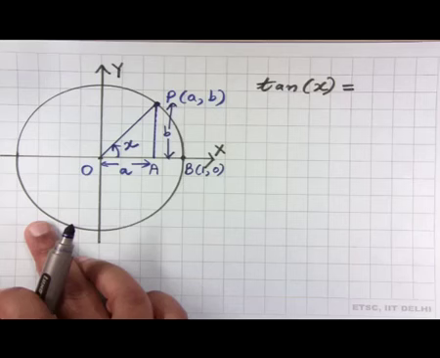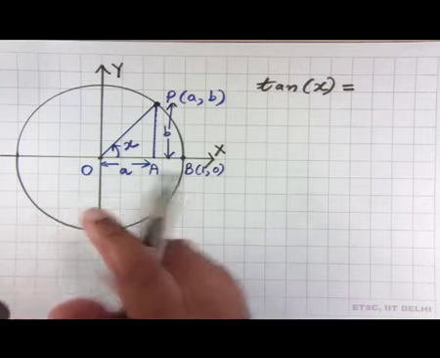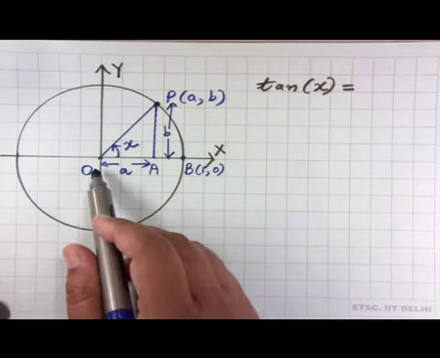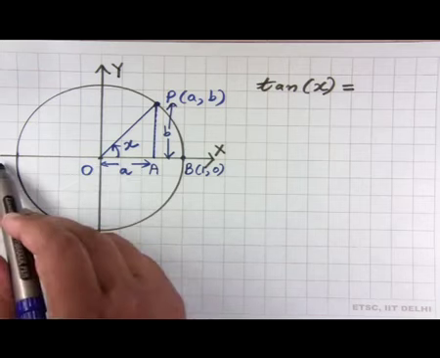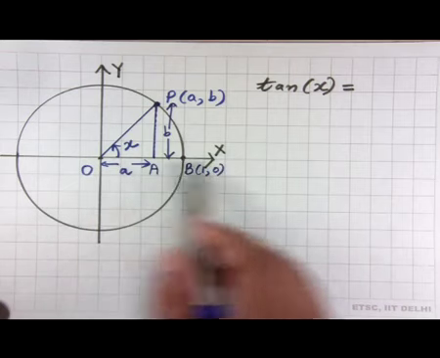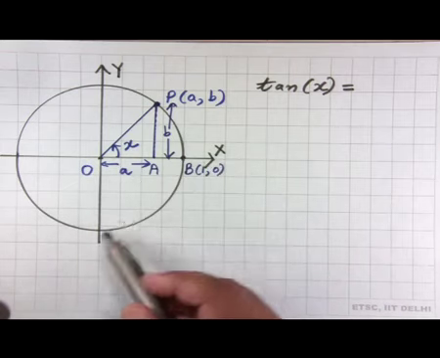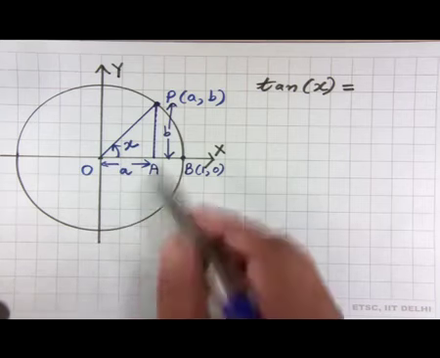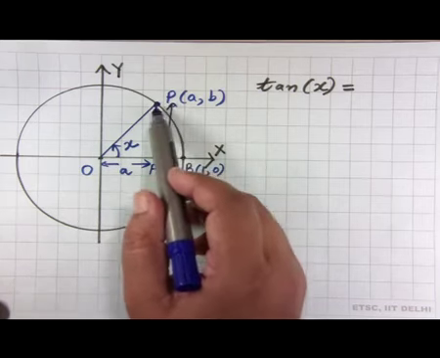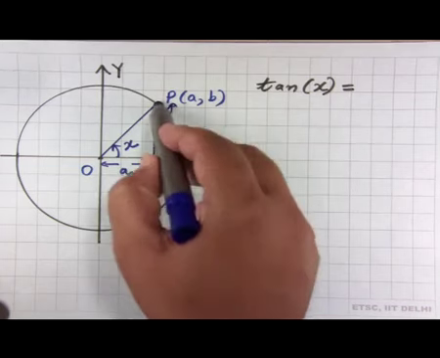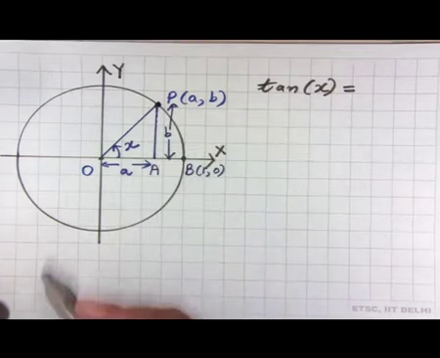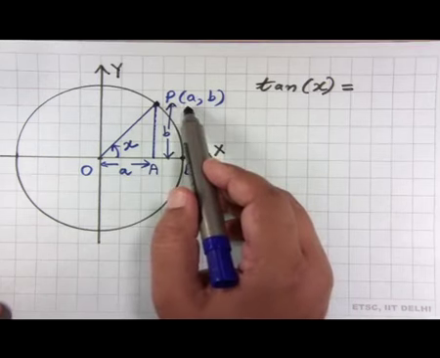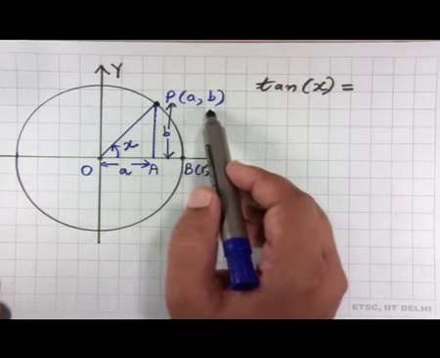So, again we consider a unit circle of unit radius whose center is at O. The horizontal axis is the x axis, the vertical axis is the y axis. And suppose we have this point P on the circle whose x coordinate is a and y coordinate is b.